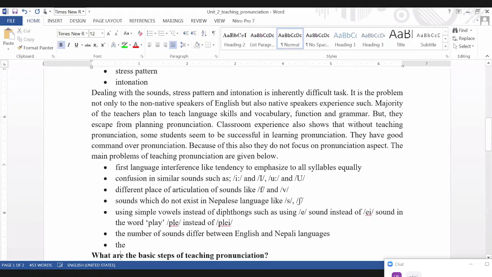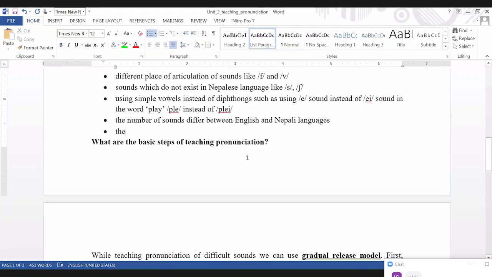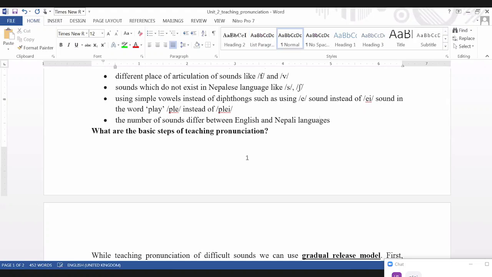Because of this kind of problem in English, we feel it is difficult to teach pronunciation. Okay, these are the difficulties.